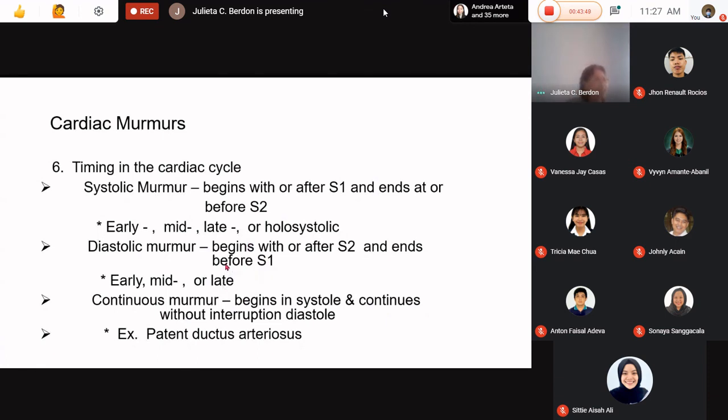Unsa man nga stenosis nga makakos og what valve should be stenotic na makakos og systolic murmur? Unsa man nga valve? Aortic stenosis and pulmonary stenosis.